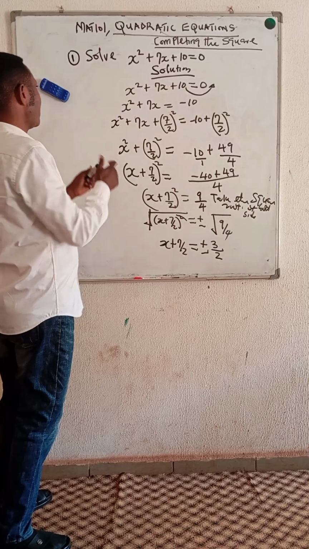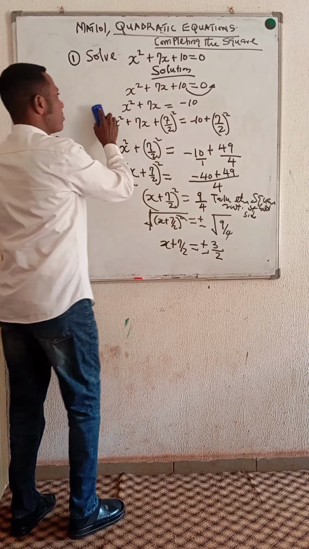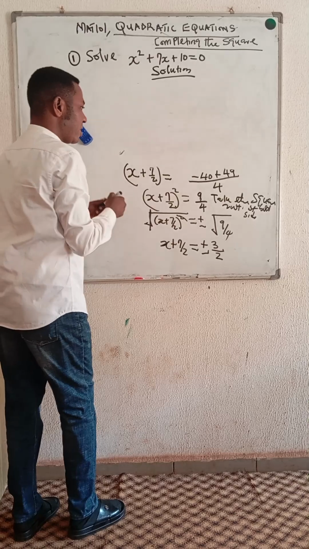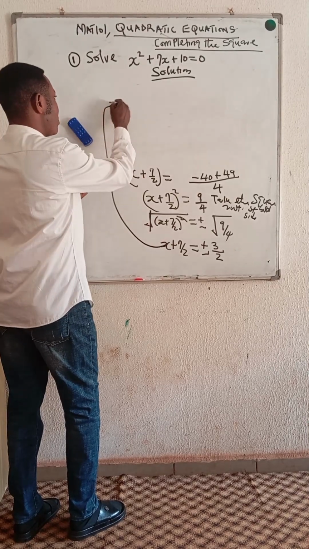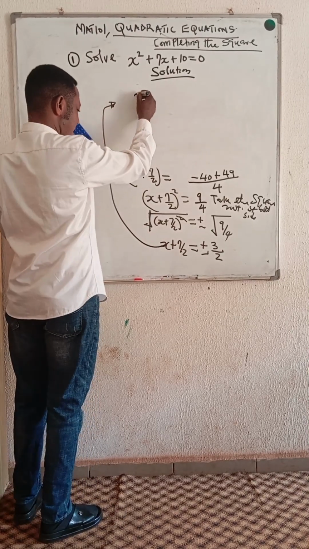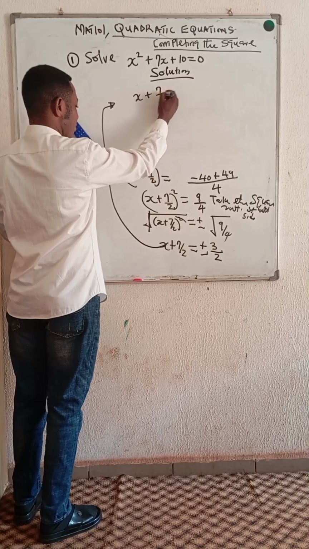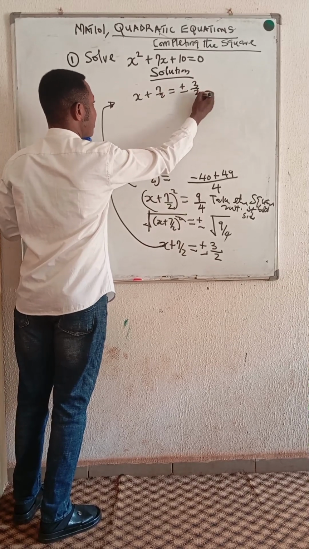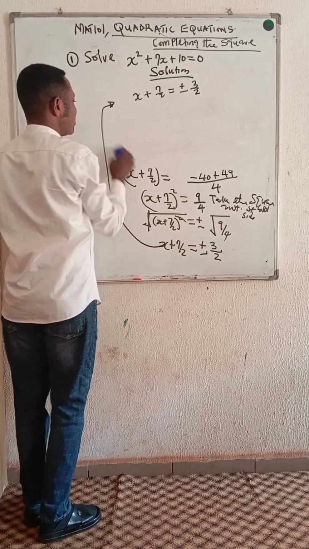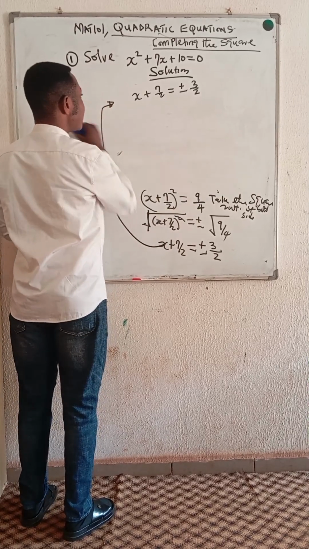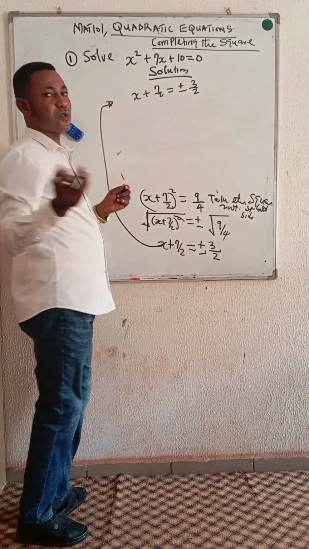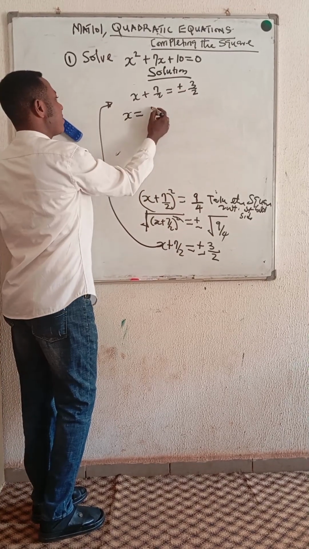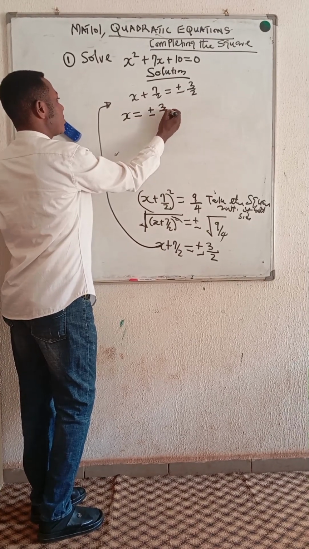Permit me to remove this so that, moving this up, we now have x plus 7 over 2 equals plus or minus 3 over 2. So what are we going to do? The next thing is, we'll be having two values of x. Now x is equal to plus or minus 3 over 2 first.